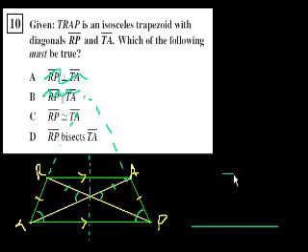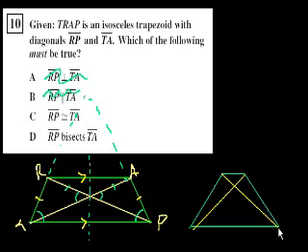If this was the trapezoid, and this is also an isosceles trapezoid, then the diagonals would look like this. So here it's pretty clear that they're not bisecting each other, right? In order for them to bisect each other, this length would have to be equal to that length. And that's clear just by looking at it that that's not the case, right? That is not equal to that. So they're definitely not bisecting each other.